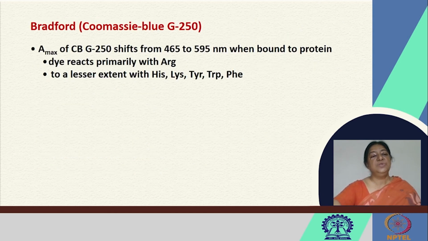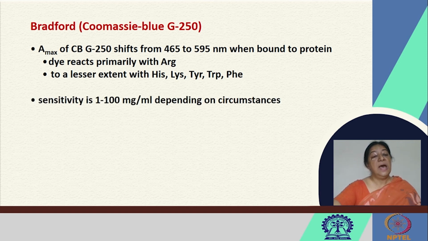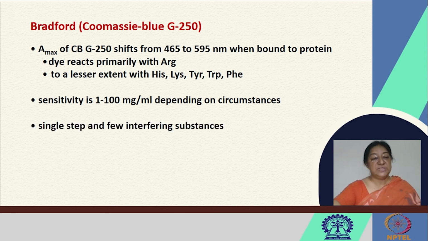Another method is using a dye, where the absorption maximum shifts from 465 to 595 nanometers when this Coomassie blue G250 is bound to the protein, because it reacts primarily with arginine, and we have a good sensitivity. So we can take a drop of our eluted sample and mix it with the Bradford reagent to see whether we have our protein of interest.